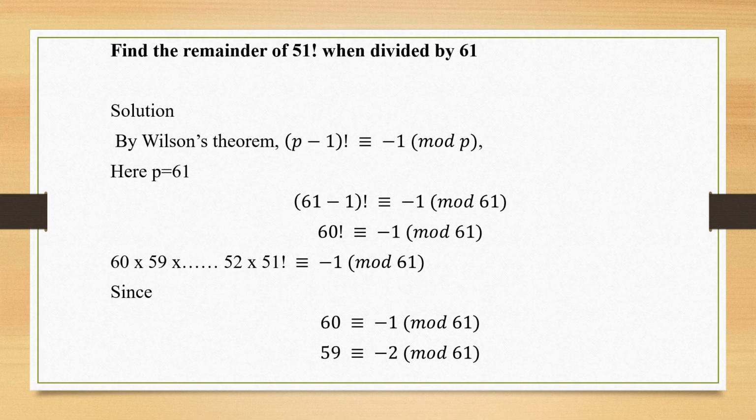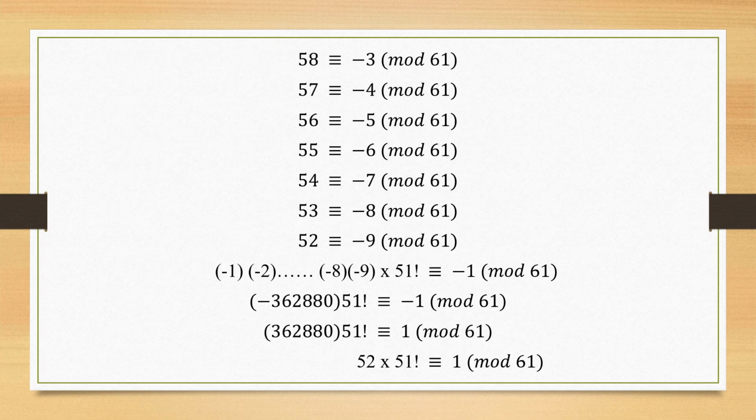Let's continue in the next slide. Now how will I write 58? 58 is 3 short of 61, right? 59, 60, 61, 3 numbers. So minus 3. Now what is 57? 57 is 4 short of 61, so minus 4. Now what is 56? 56 is 5 short of 61, so I'm writing it as minus 5.